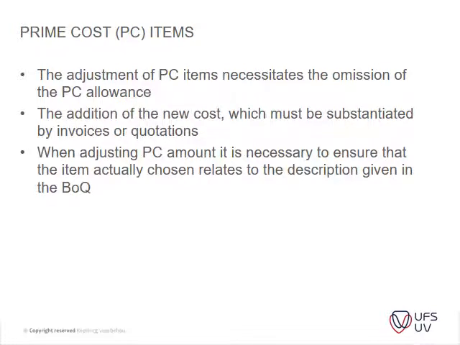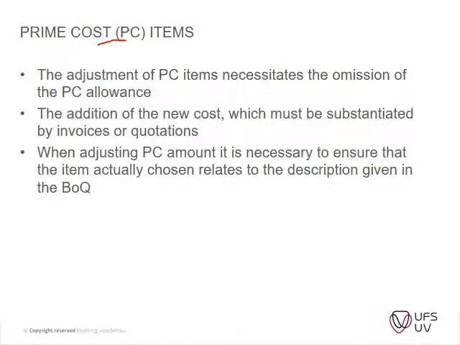Okay, so then we get to prime cost items. Prime cost items are items that are included in the BOQ which at tender stage there hasn't been a design yet. So the adjustment of the prime cost items necessitates the omission of the prime cost allowance.